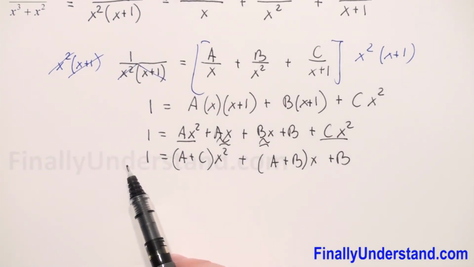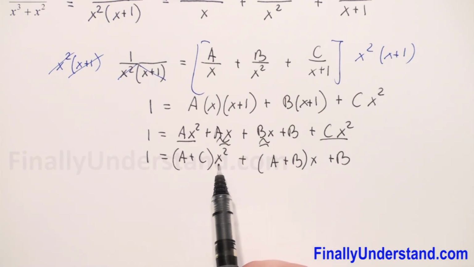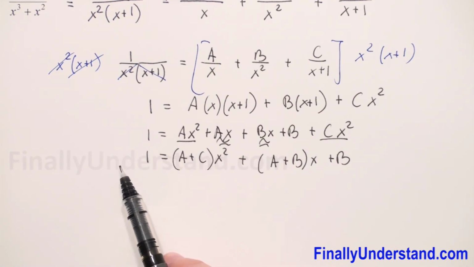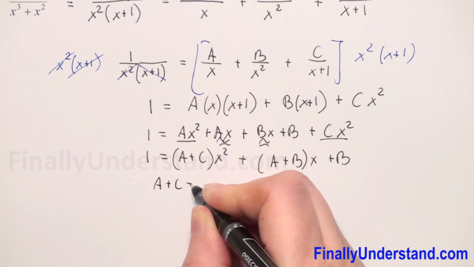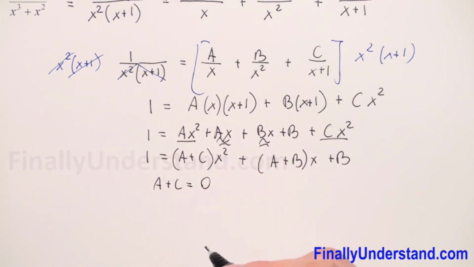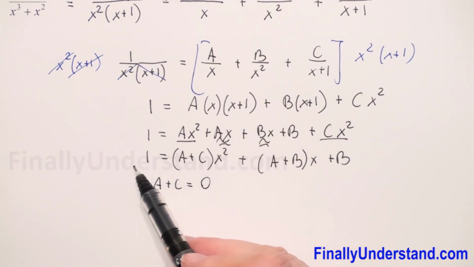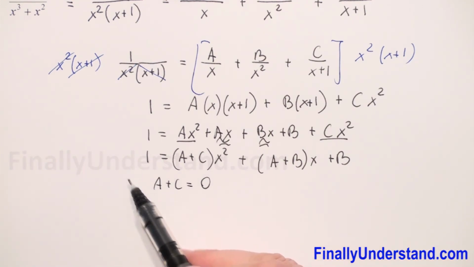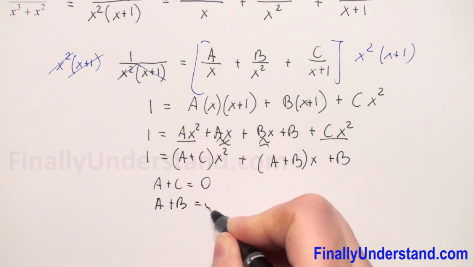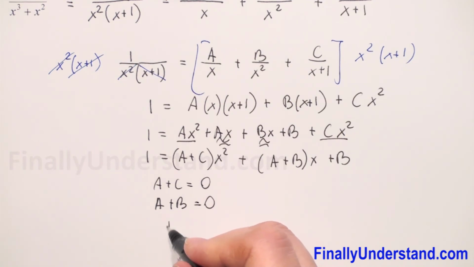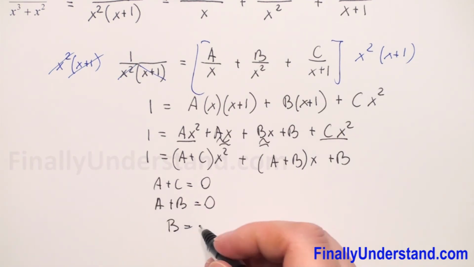On the left side we don't have x squared, so it means the coefficient of x squared is equal to 0. So it means that a plus c must be equal to 0. Next, we don't have x on the left side again, so the coefficient is 0. So a plus b must be equal to 0, and constant b must be equal to 1.